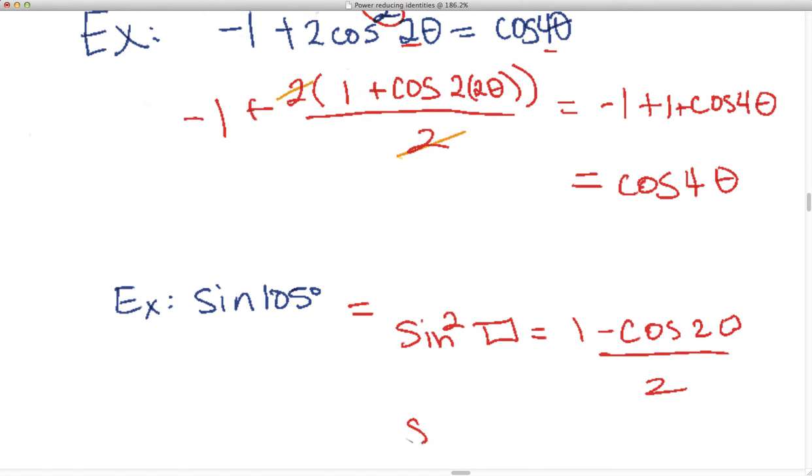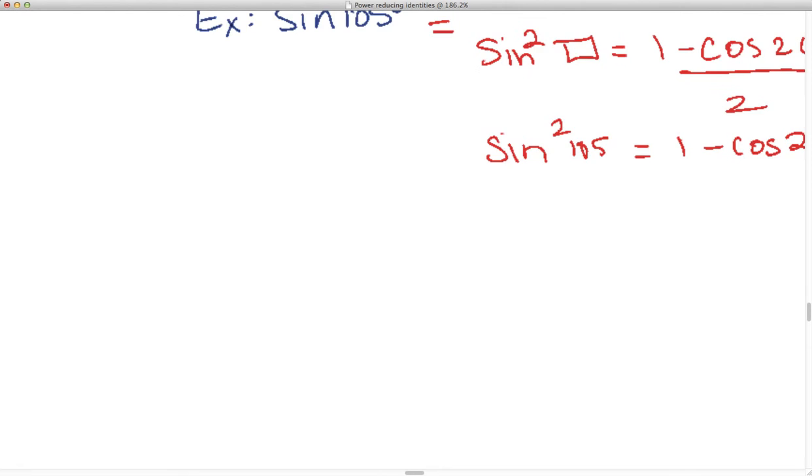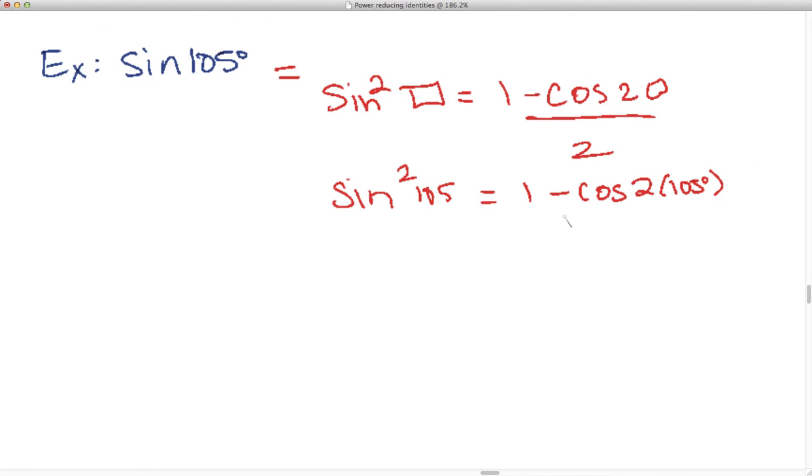So if I have sine squared of 105, that would be 1 minus cosine of 2 times 105 all over 2, and then I can multiply 2 times 105.